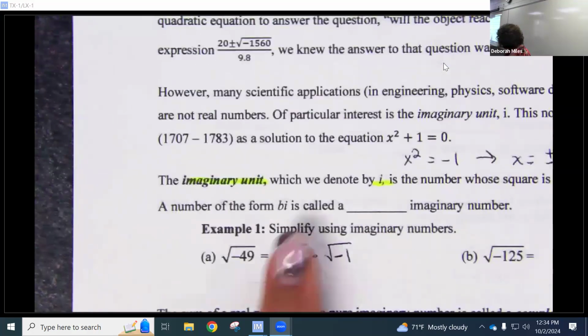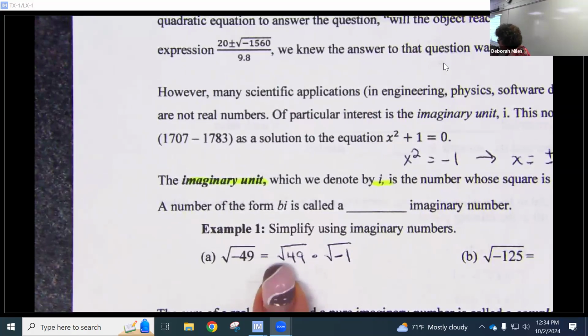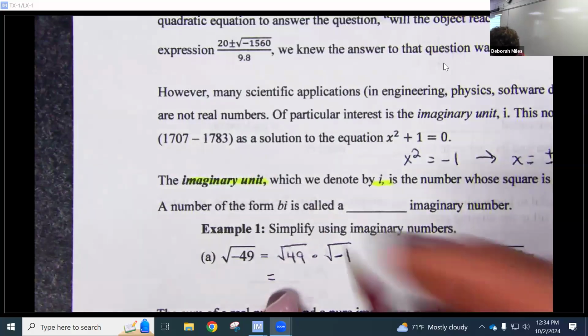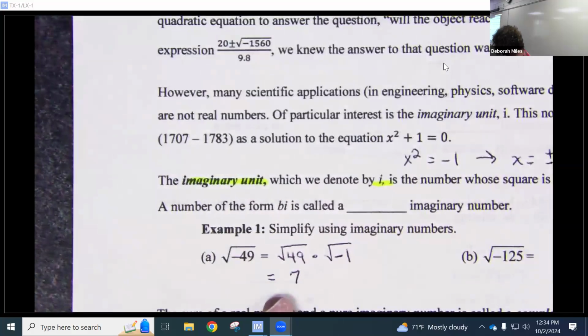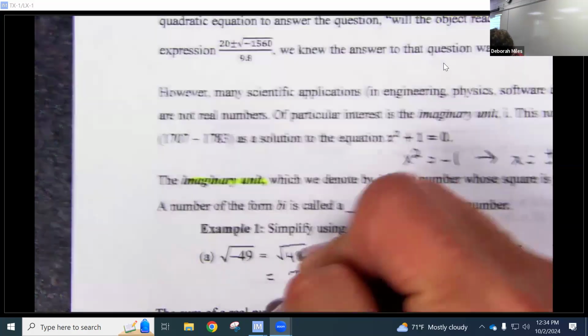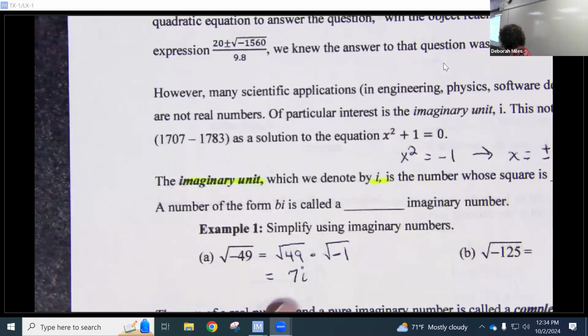If I'm using this symbol, then I only mean the principal square root. I don't have the plus or minus unless I'm taking the square root of both sides of an equation. So in place of square root of 49, I'd just put 7. And what can I put in place of square root of -1? i. From now on, instead of not a real number, we're going to say square root of -49 is 7i. That's not a real number, it's an imaginary number, but now I have some good, easy notation for it.